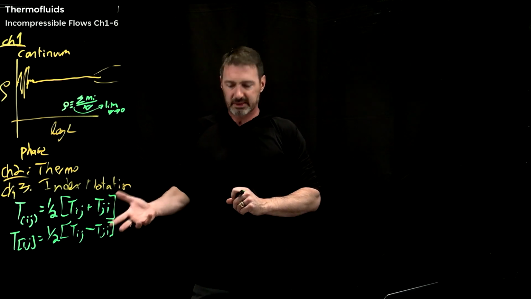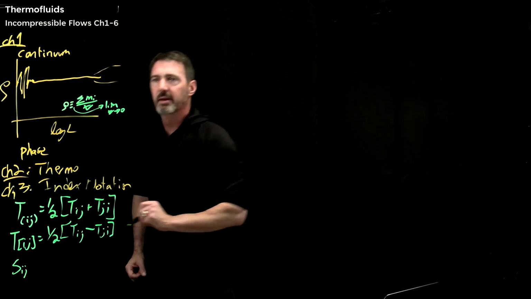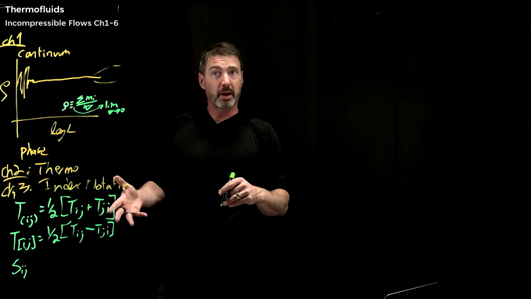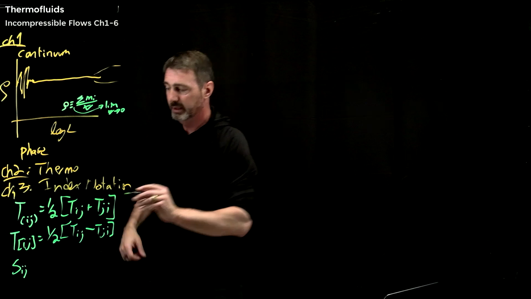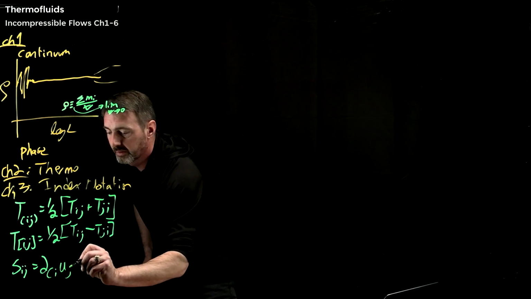Okay, that's important because we're going to define the strain rate matrix. I've already used it loosely, but here I'm going to be a little more accurate. The strain rate matrix of a fluid is going to be the symmetric portion.